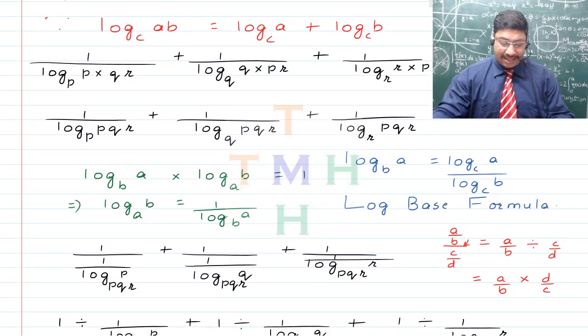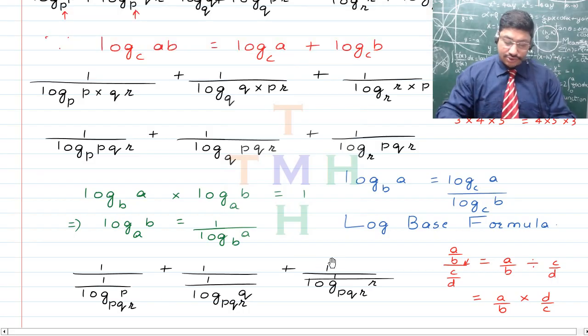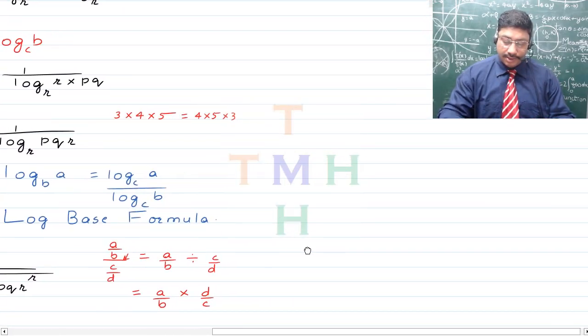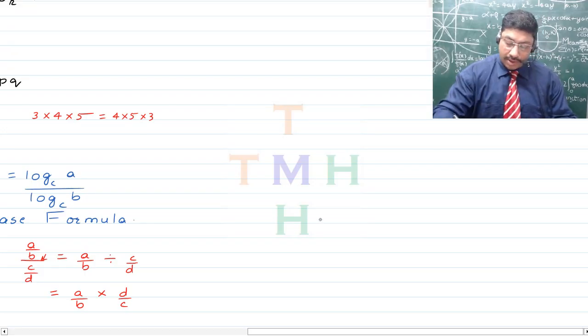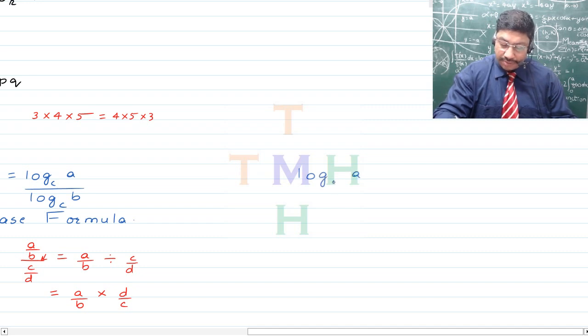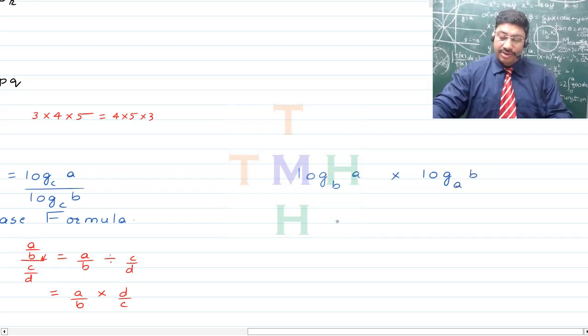Just see, I will do it where I'll just push a little that side and then I'll show you. Okay, so if say now we talk about log of A to the base B, which is getting multiplied with log of B to the base A, how does it become equal to 1 is what I'm going to show you now.